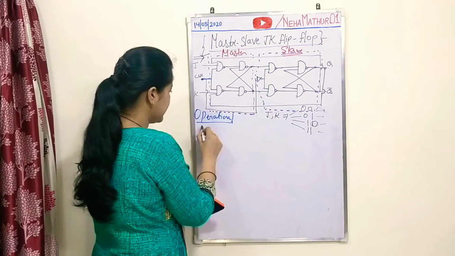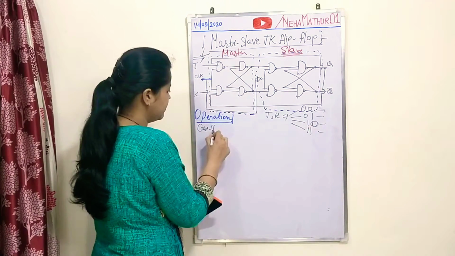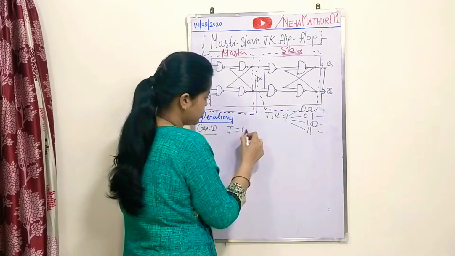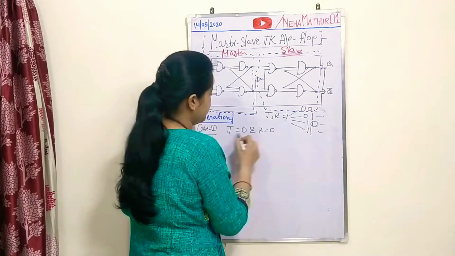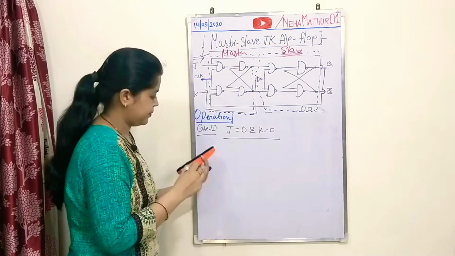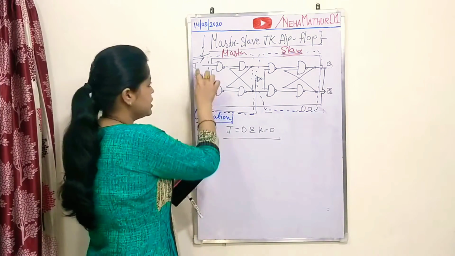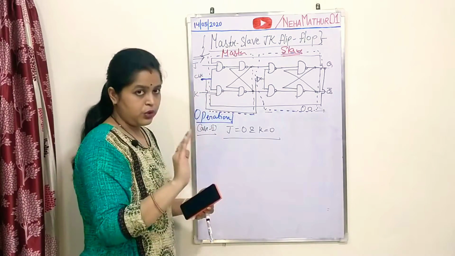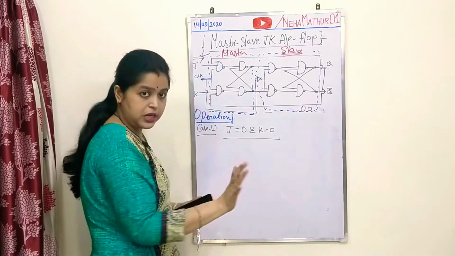So the first case is case 1, when J is equal to 0 and K is also 0. I am not talking about the clock initially.